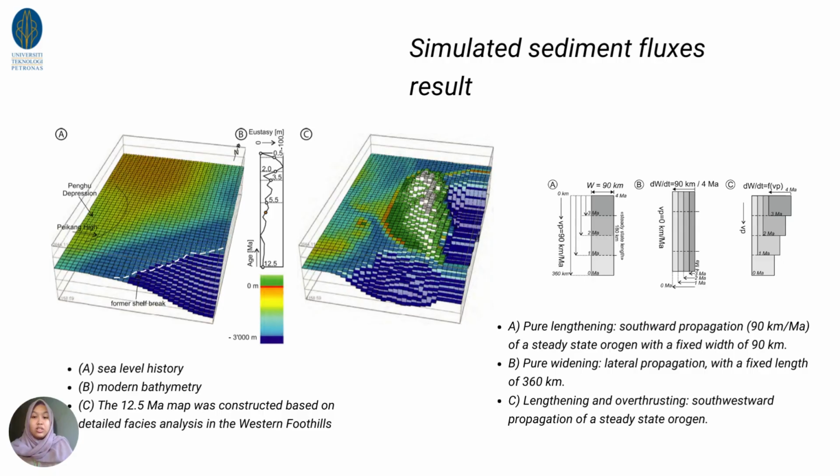Next, result and discussion. First, this is the result for the simulated sediment flux. For the first image, A is the sea level history, B is the modern bathymetry, and C is the constructed 3D image of the facies analysis in the western foothills.